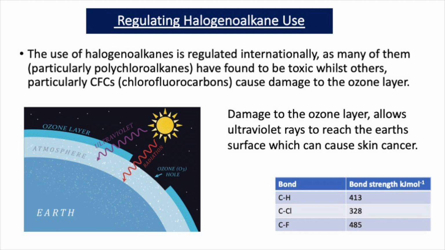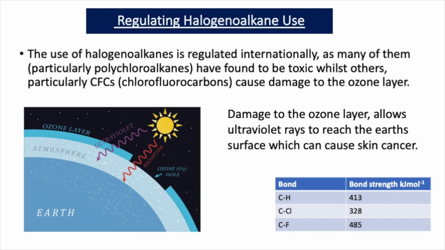So a number of international treaties have been signed by countries to reduce the use of CFCs because of the damage they do to the environment. Damage to the ozone layer allows harmful ultraviolet rays to reach the Earth's surface and can cause skin cancer.